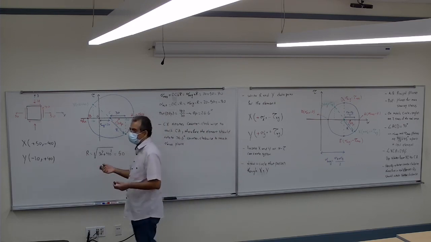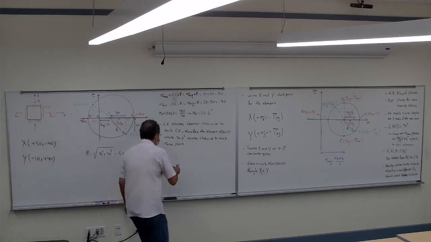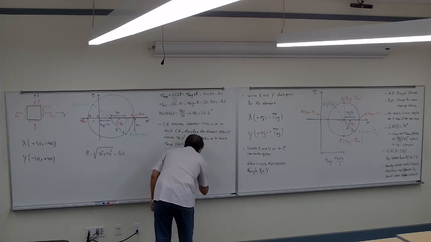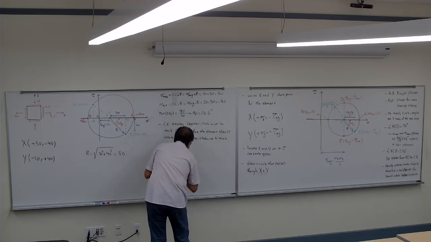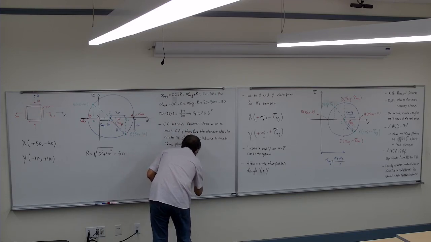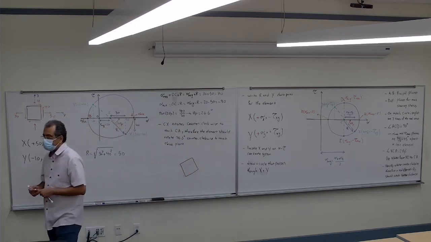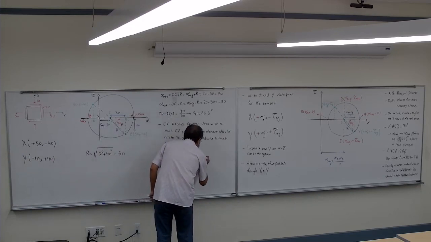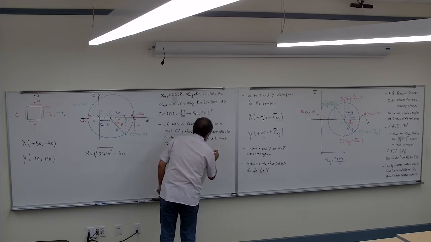So if I want to draw where the sigma max plane is, it's going to look like this. And if I put the number, the sigma max here, that's the sigma max, so 70.